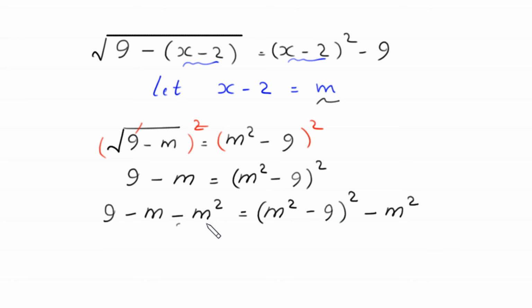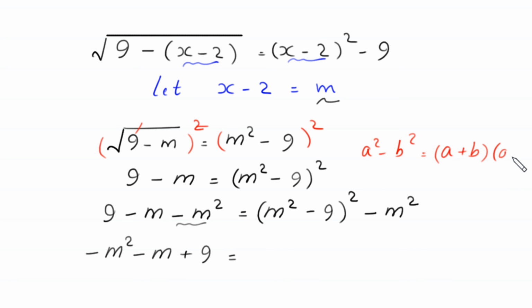We write this negative m squared first, negative m squared, then we write this negative m plus 9 is equal to, we have difference of two squares, so by using this algebraic identity, a squared minus b squared is equal to a plus b times a minus b. This will become m squared minus 9 plus m times m squared minus 9 minus m.